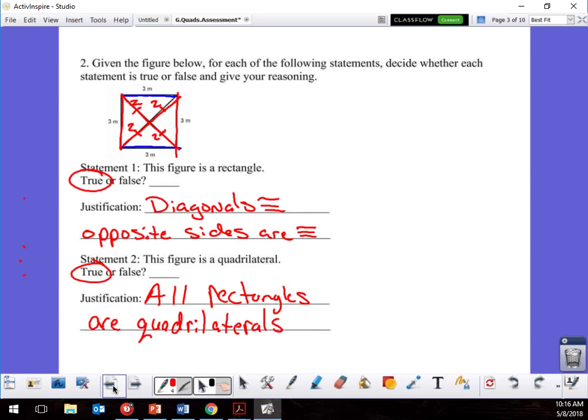What's different about the rhombus and the rectangle? Diagonals bisect each other. Now, does it say diagonals are congruent? It doesn't say diagonals are congruent, does it?